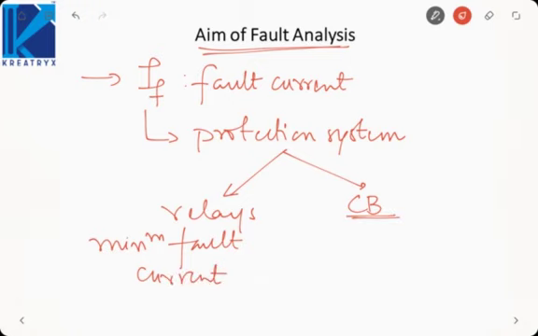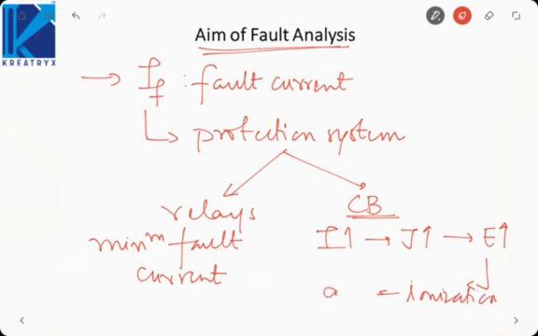Now if we talk about the circuit breaker, the function of the circuit breaker is to open circuit the power system for the fault condition. That means it will actually interrupt the current flowing in the circuit. Now suppose the current is high, then current density will be high. Then it will lead to high electric field intensity, which can cause ionization of the dielectric medium.